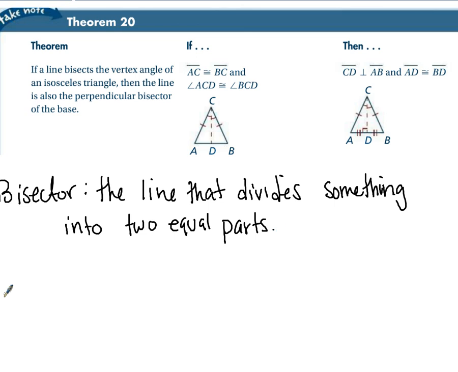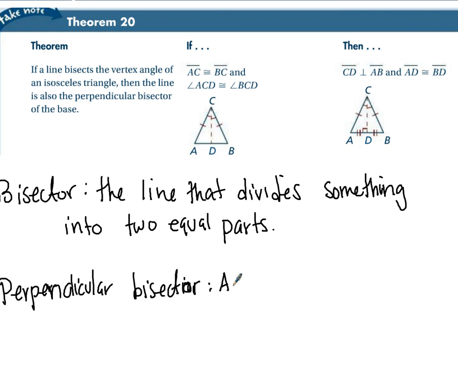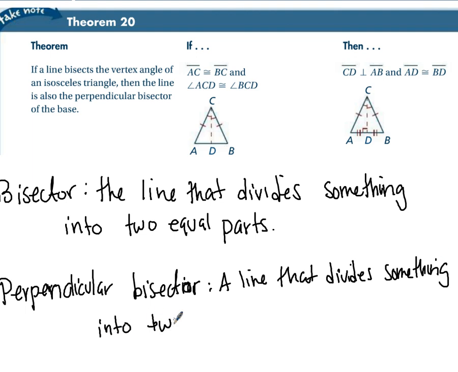A perpendicular bisector is a line that divides something into two equal parts at 90 degrees.